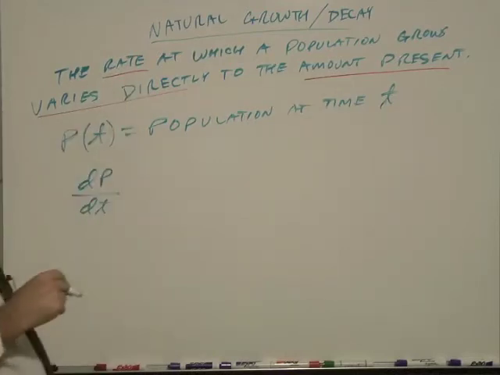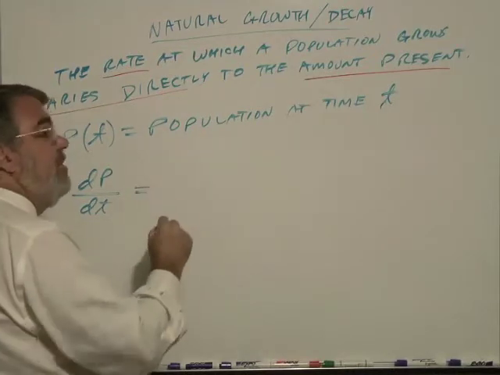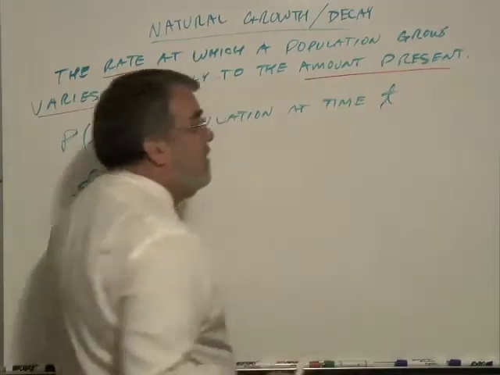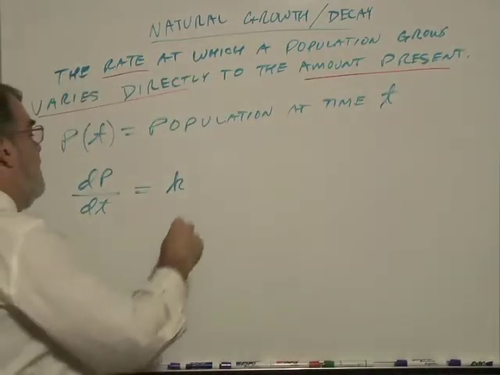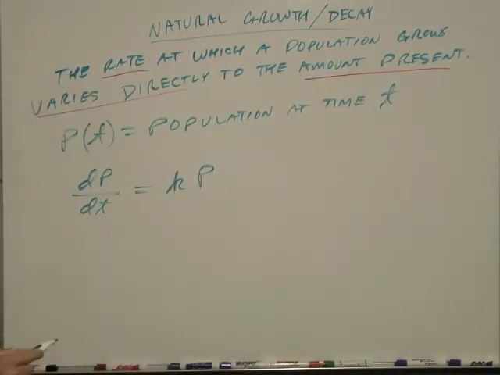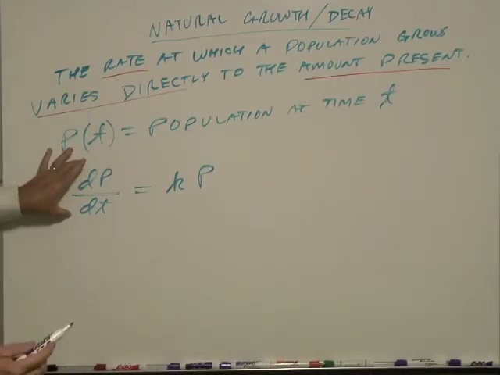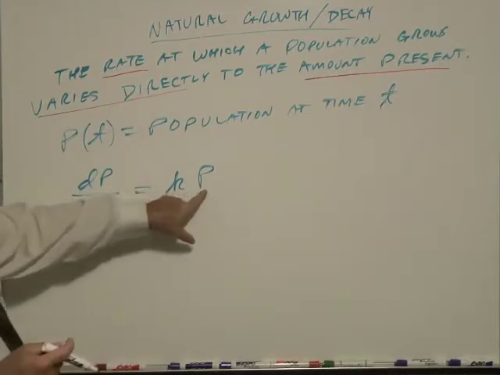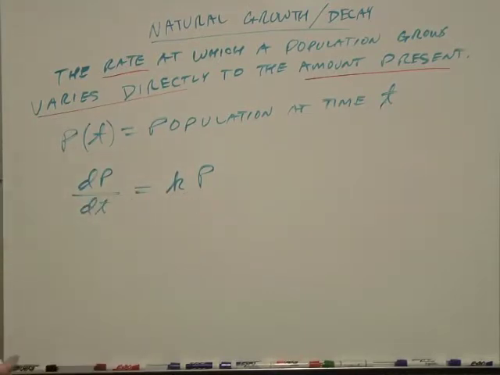It varies directly. It equals a constant times the first power of amount present, Kp. So dp over dt, the rate at which the population is growing with respect to time, is equal to a constant times the population that's present.